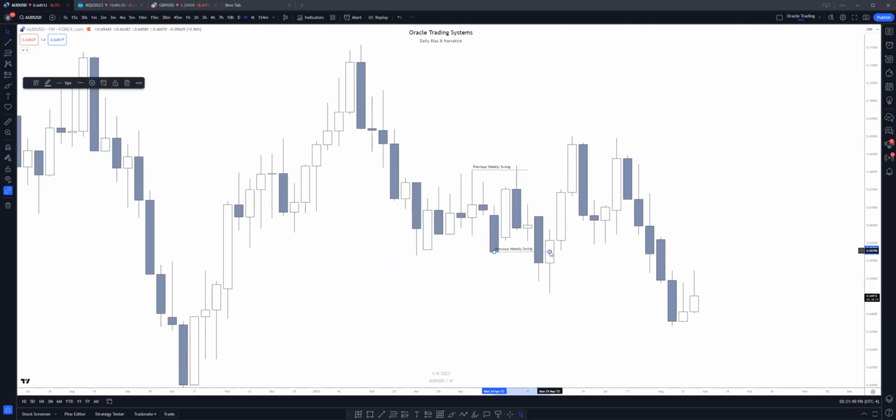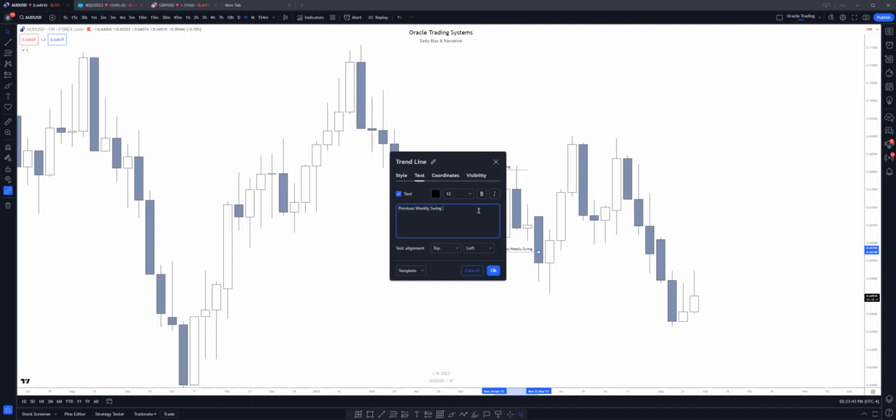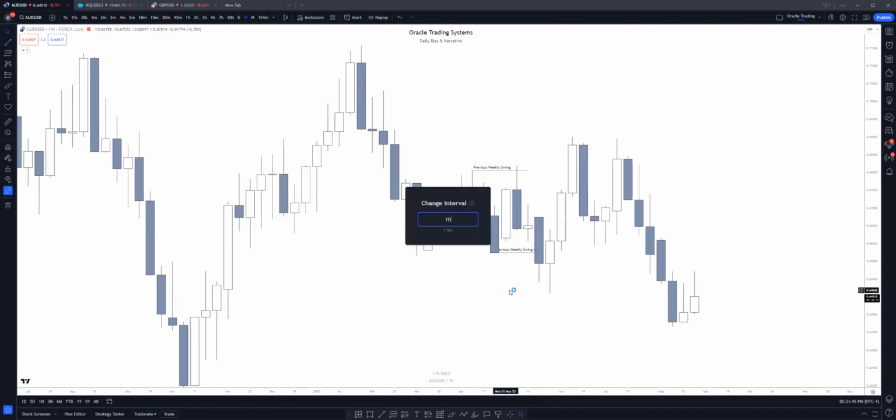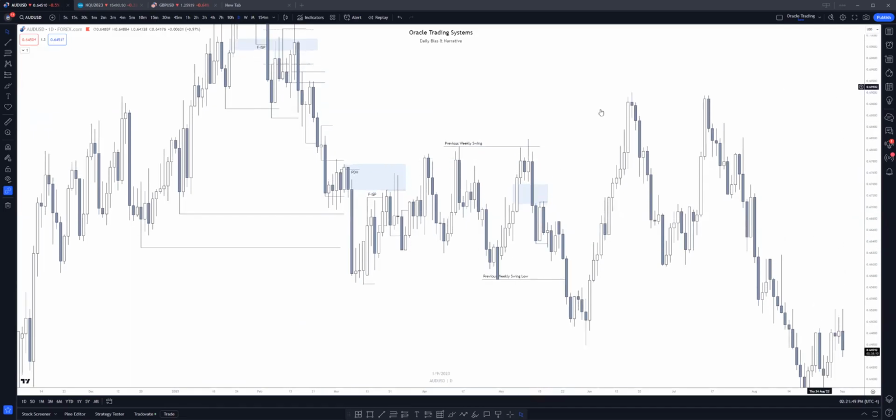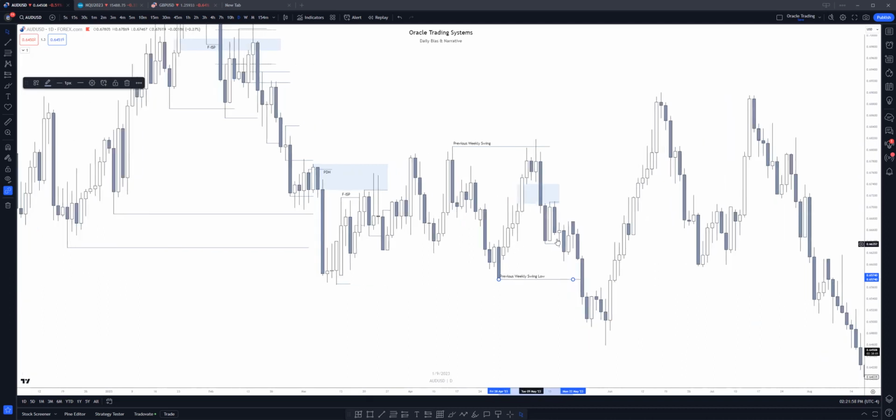And this is the previous weekly swing low, right? So on the daily, you can see, if I just delete this off the chart, price has swept the previous weekly swing high, displaced. There's no structure break to look for.